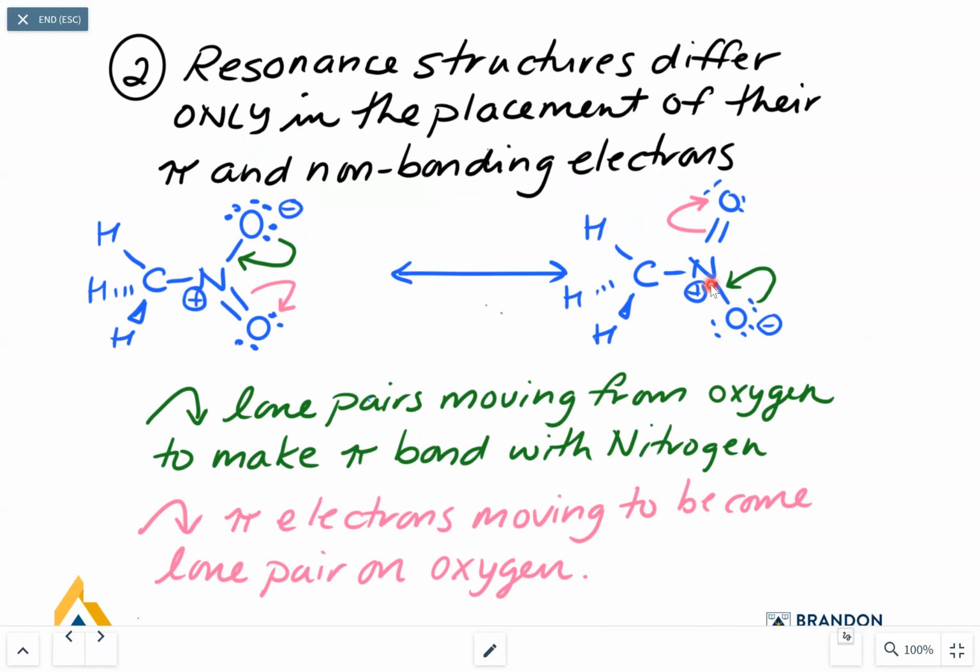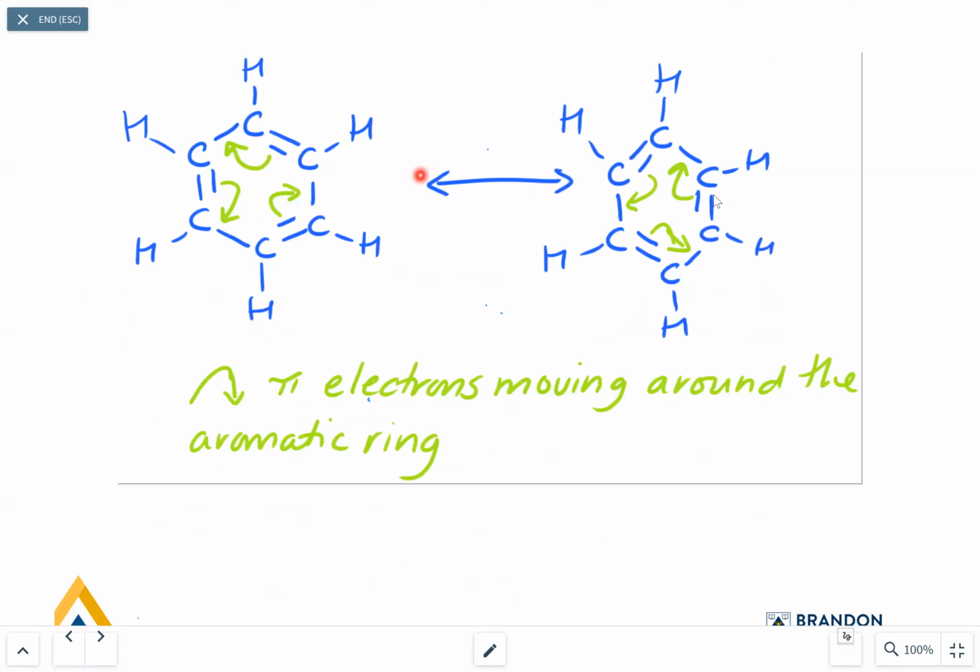But remember, with resonance structures, it doesn't involve rotation or movement of sigma bonds or any atoms. There's no movement of atoms at all. But I know that some people visualize this way because it's a common sort of mistake. So it's only the movement of the lone pair electrons and pi electrons.